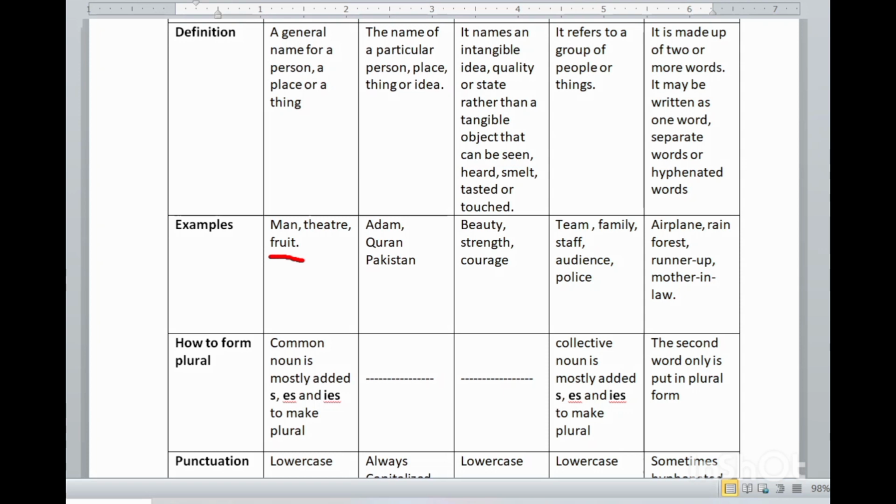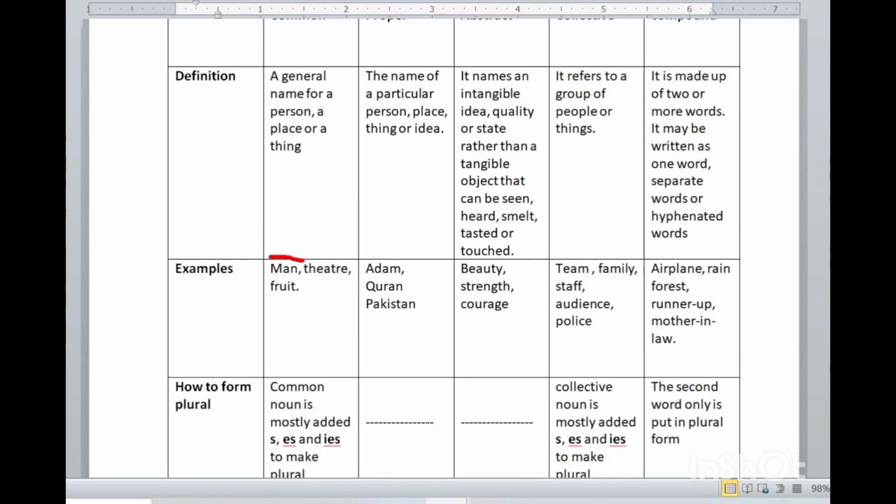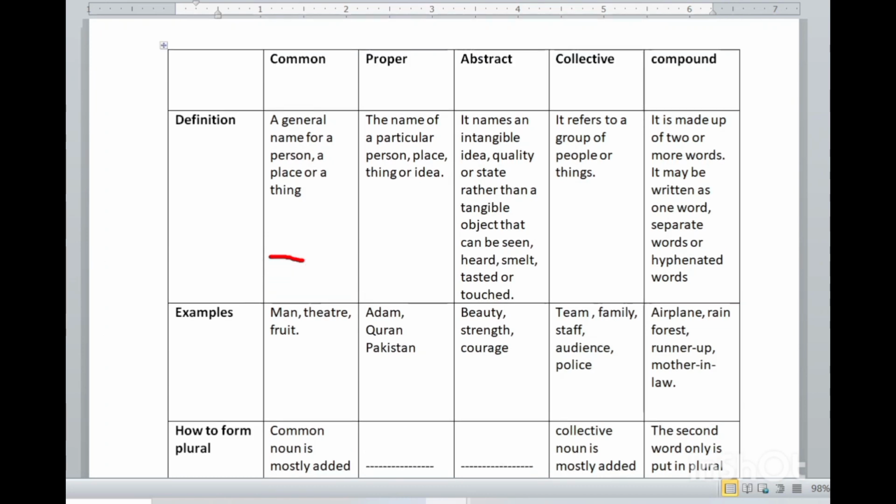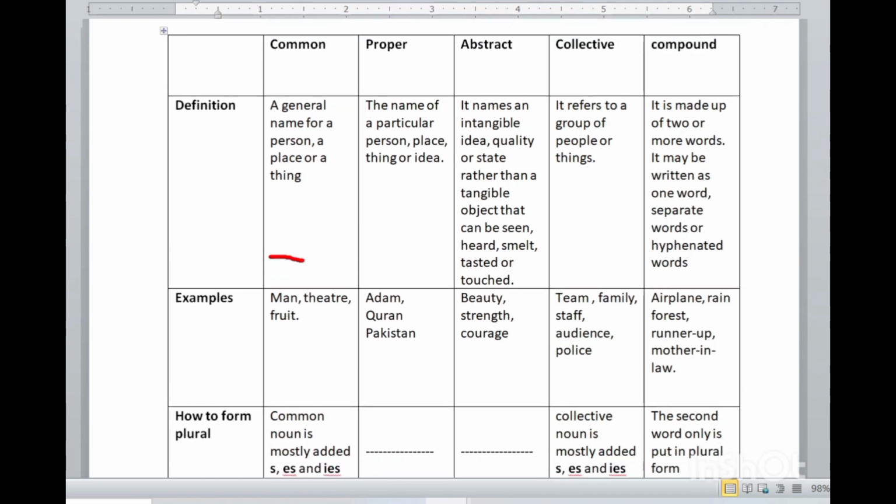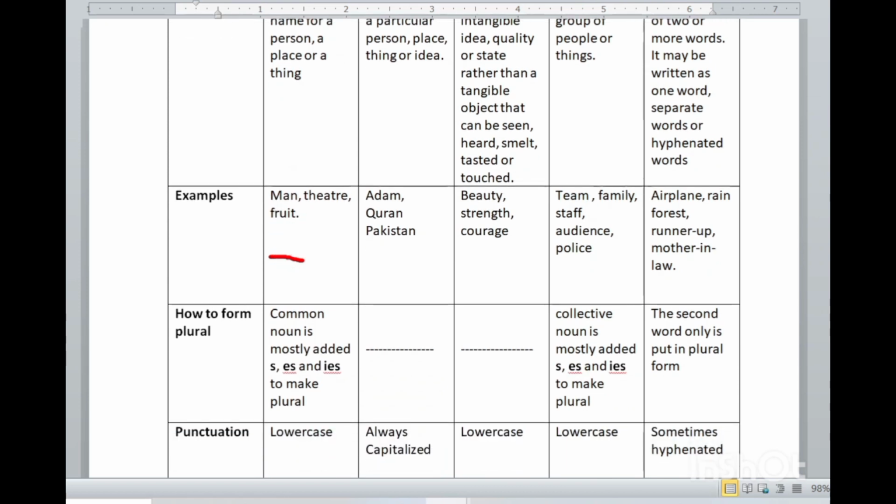A proper noun cannot be made plural. It is always singular. Next, an abstract noun cannot be made plural. Next one is our collective noun. A collective noun mostly adds s, es, and ies, as a common noun does.